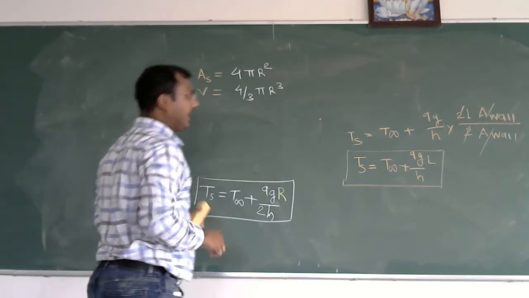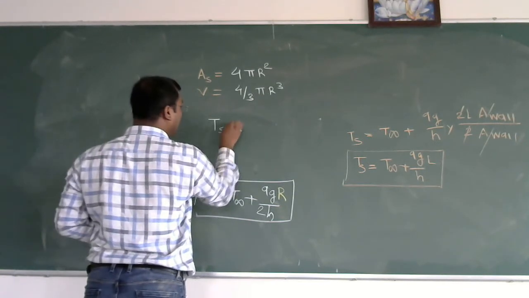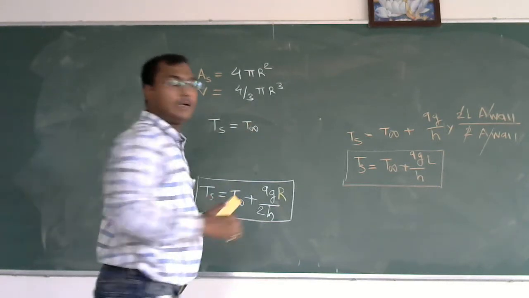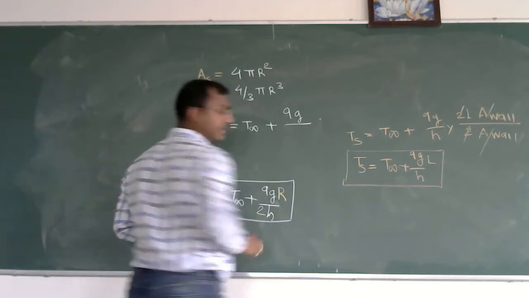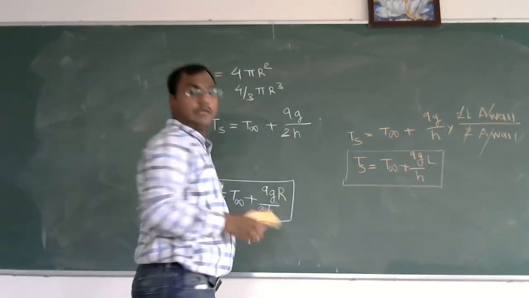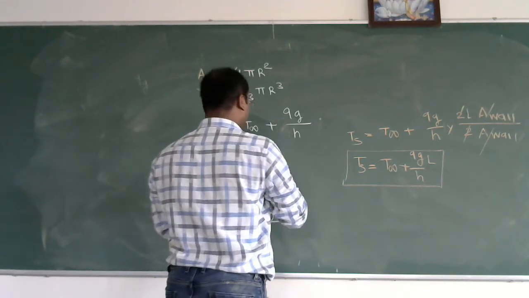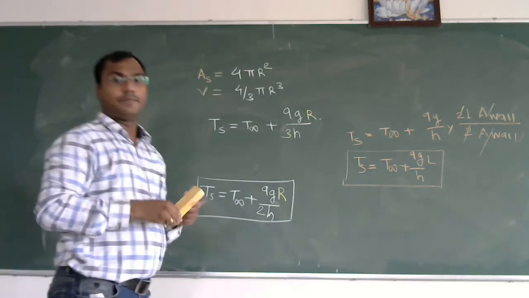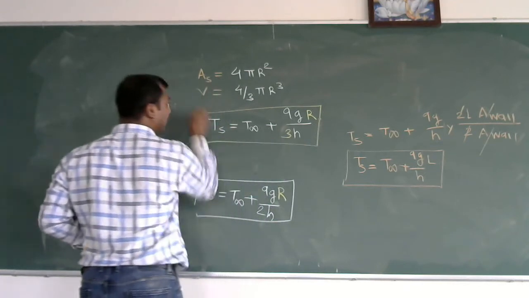If I put As and V in the same equation, I will get Ts equal to T infinity, the ambient temperature, plus Qg divided by 3h into r, because it is 4 by 3. So this becomes the equation for Ts.